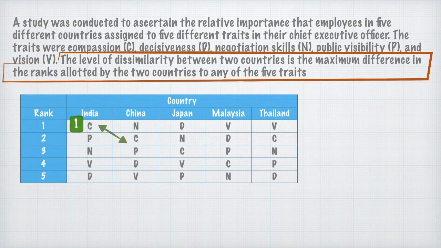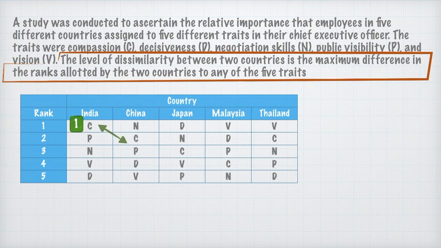So first of all, let me look at any one trait, let's say C, right? And I see what do we mean by the difference in the rank allocated. So if I look at C, India has given it rank 1 and China has given it rank 2, right? So the difference in ranks would be 1, right?